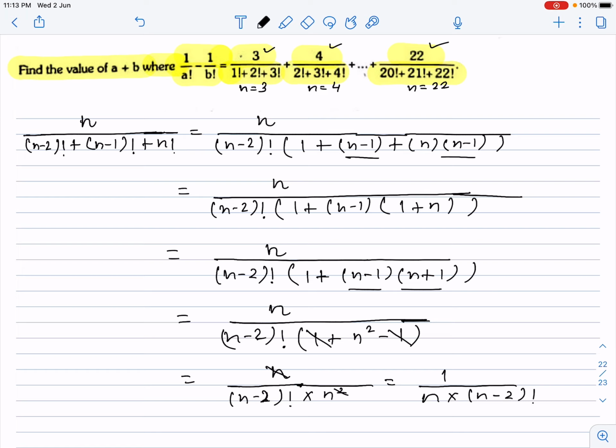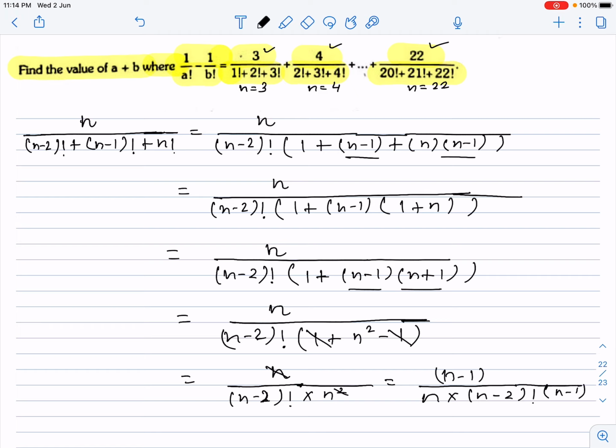Guys, if I'll be going to multiply and divide by n minus 1, so denominator would be becoming what? It would be becoming n minus 2 factorial multiplied by n minus 1 multiplied by n. That means n factorial it will be becoming. So let's multiply it by n minus 1 and divide it by n minus 1.